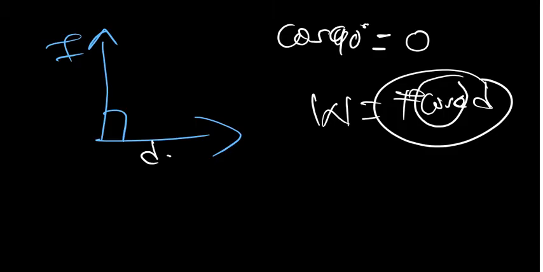Okay. Yes. So now, let's say we are applying a force in this direction. Let's put this force at an angle. Let's say that the angle is 30 degrees. Here is our force.